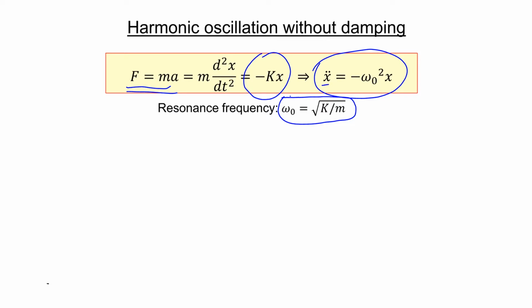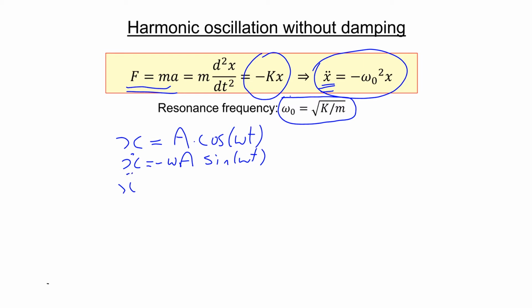It looks very difficult because of the second derivative of x, but life is easy, fortunately, because if you try a solution of the form of a harmonic oscillation of this form, you find that if you take the derivative hereof, the derivative of a cosine is a sine. The chain rule gives you an additional omega there.